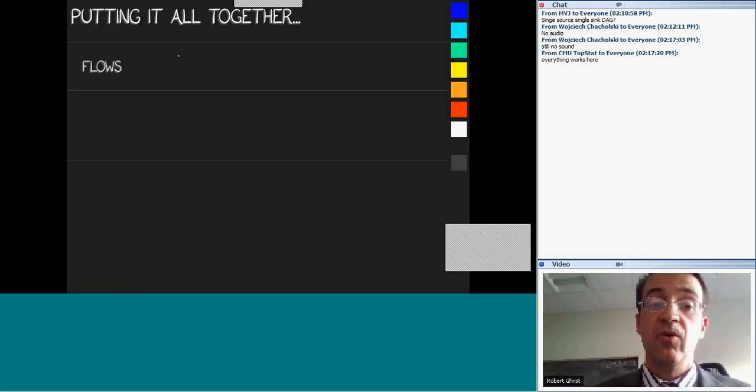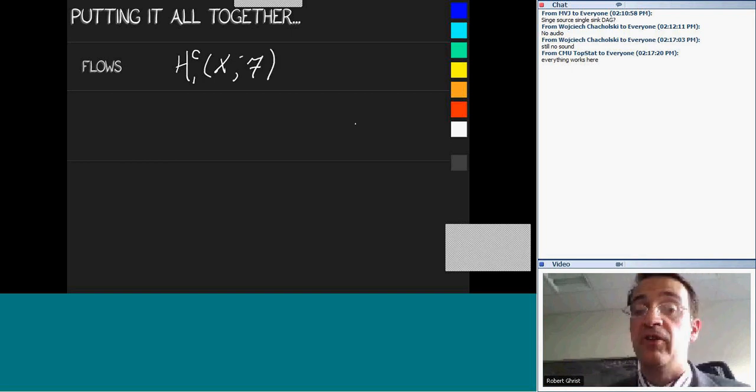To put everything together, what are the flows? The flows are precisely the homology classes of your graph with coefficients in the capacity sheaf.